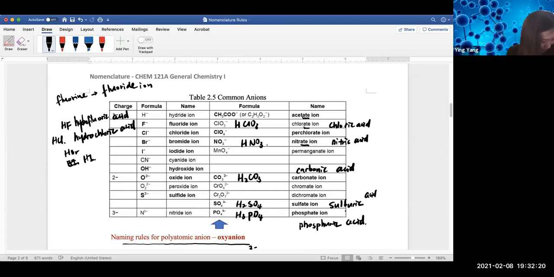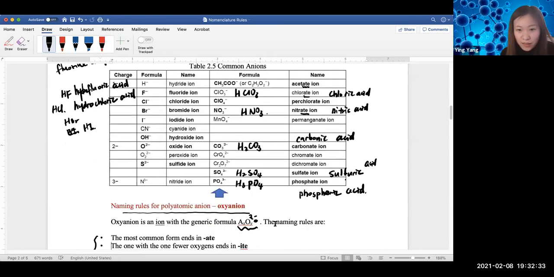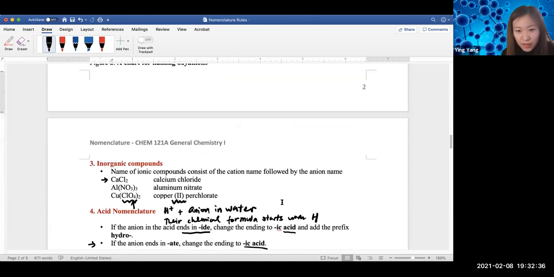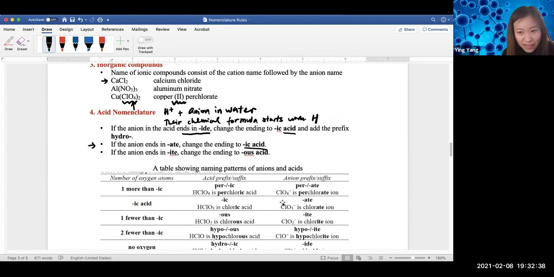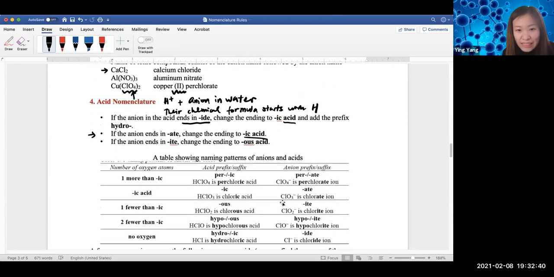Did I get it right? Phosphoric acid. O here, not U, phosphoric acid. So those are for the acids and also how to write those acids.